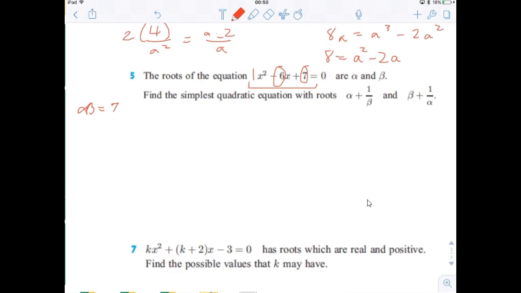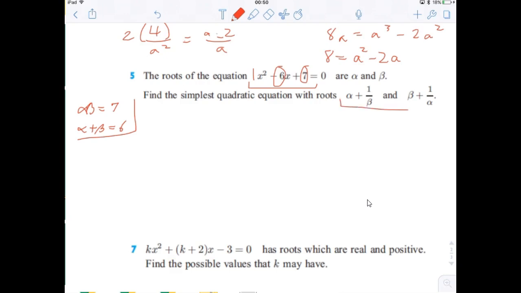And I also know that alpha plus beta is equal to negative b over a, which would be negative negative 6 divided by 1, which is 6, okay? And then you might think, okay, I'm going to try to simplify that or solve for alpha and beta or something, but actually you don't want to do that, okay? And you don't know that, but if you start doing it, then you'll realize that it was unnecessary, okay?